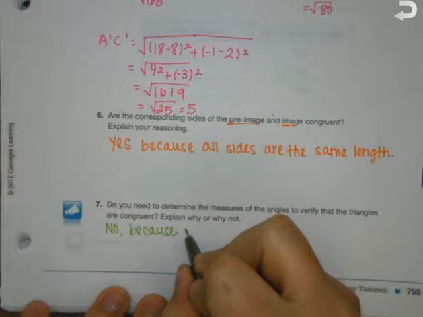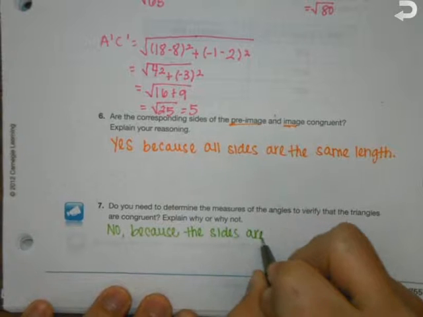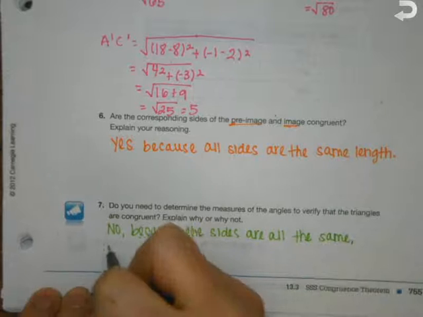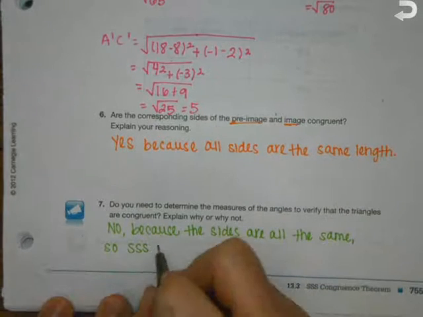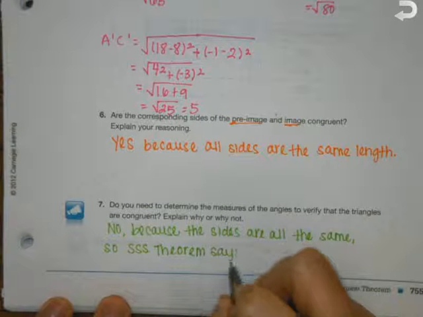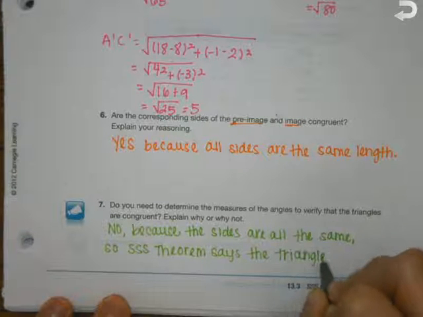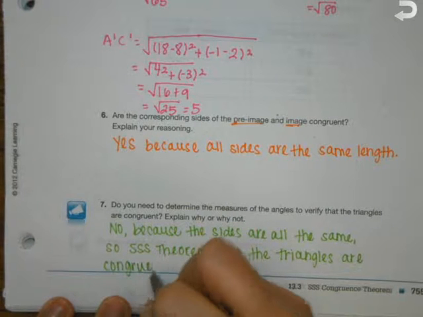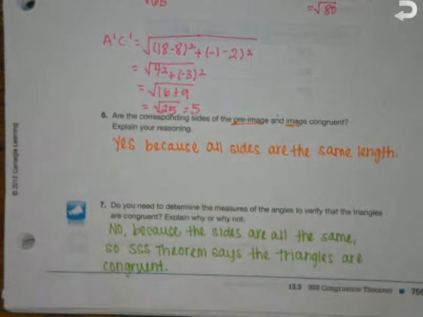Because the sides are all the same, so side, side, side, and we can abbreviate side, side, side by SSS. The side, side, side theorem says the 2 triangles are congruent. Okay? So knowing the length of all 3 sides is enough to determine if 2 triangles are congruent.